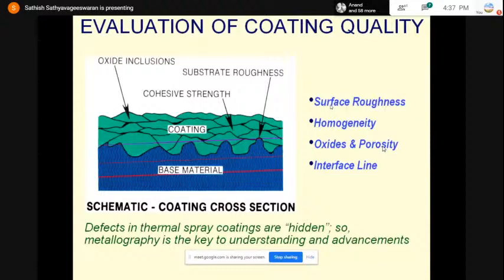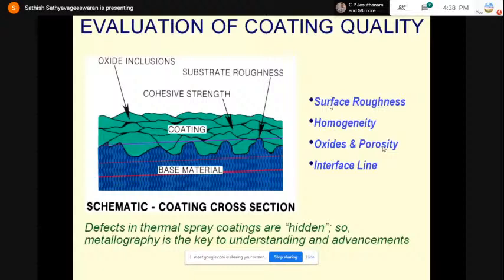If you go for analyzing the surface roughness of the base material, in general you should always have higher surface roughness in the case of the substrate, because if you have more roughness, there will be very good mechanical interlocking, that is, the bonding will be very good. On the other hand, the surface roughness of your coating should be minimum, because maximum surface roughness on the coating will induce corrosion and wear.